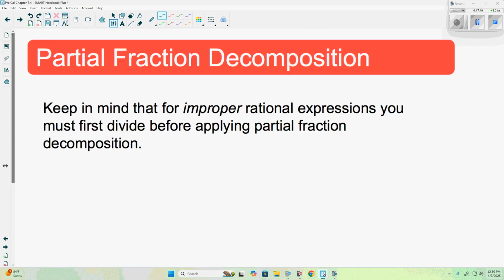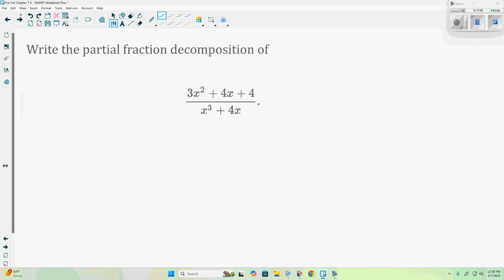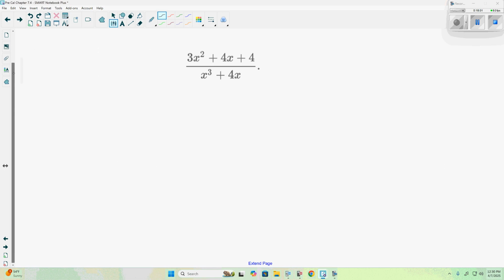Keep in mind, with improper rational expressions, you must divide first before doing the decomposition. So that's like this one here. But I'm going to skip it for now. We're going to come back to it. What I want to look at is this one here first.